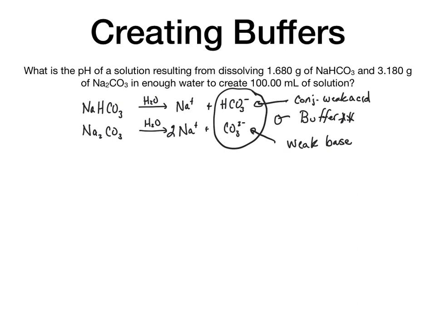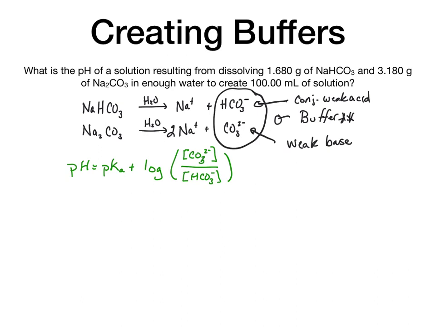And so because we have both of these in solution, we know that we have a buffer. And so since we have a buffer, we can find the pH by using the Henderson-Hasselbalch. So pH equals pKa plus the log of the concentration of the base, which is my carbonate, CO3 2-, over the concentration of the acid, which is my bicarbonate.